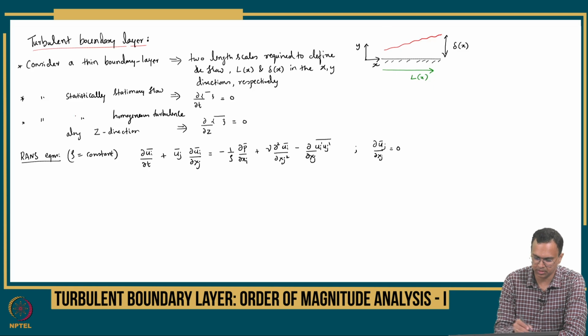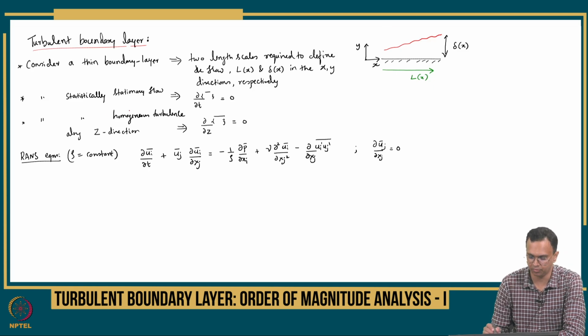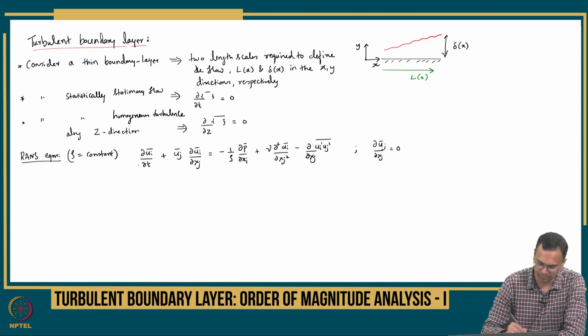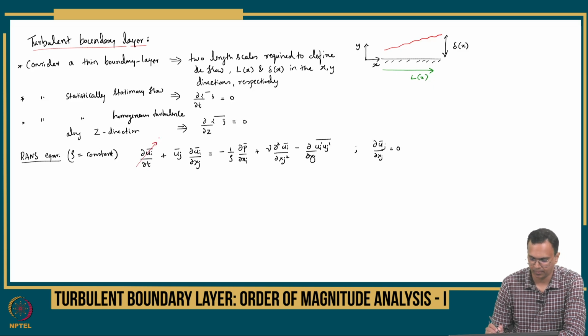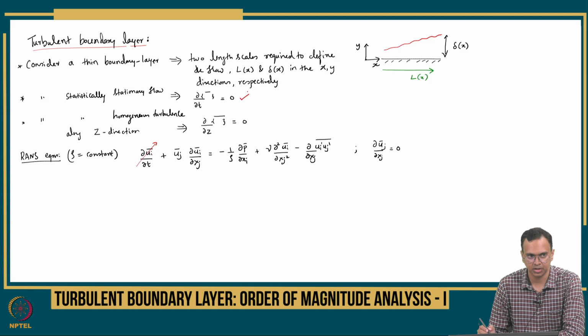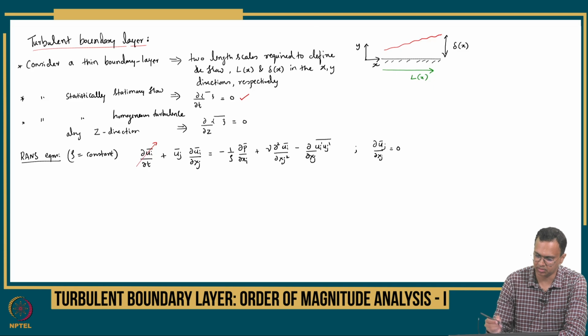Now, with the consideration that I have a statistically stationary flow, this term goes away because of this condition. The mean flow dynamics is no longer changing with time. So now we will expand other terms to see what it looks like. I also have the third direction: gradients of the mean quantities along the third direction are 0. Gradients of the mean, not of the fluctuation, since it is statistically homogeneous.